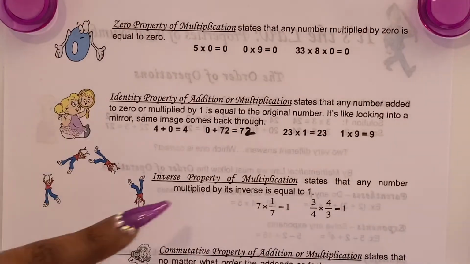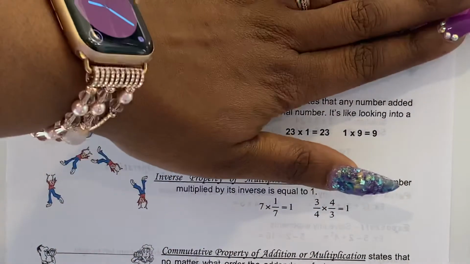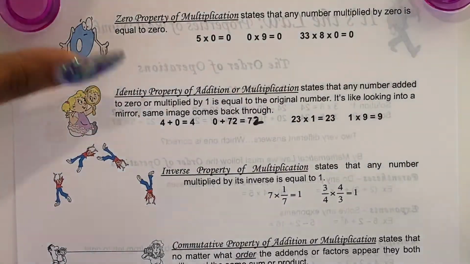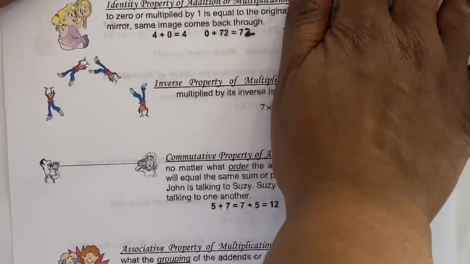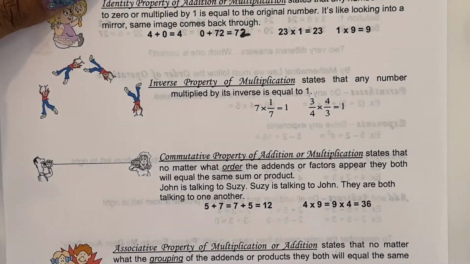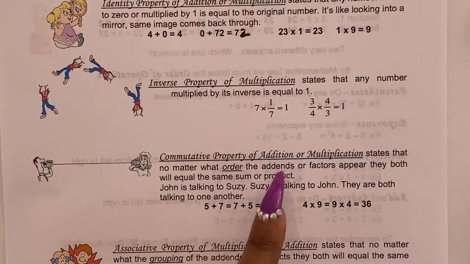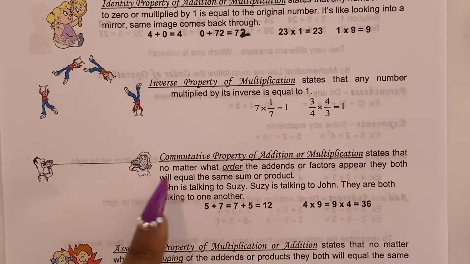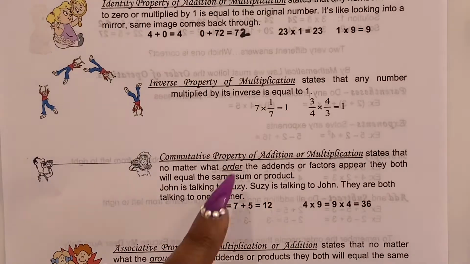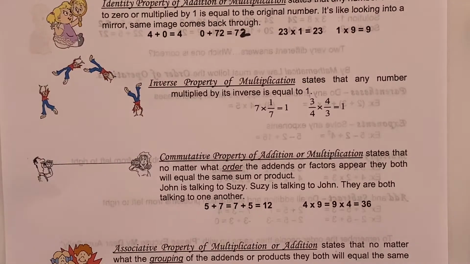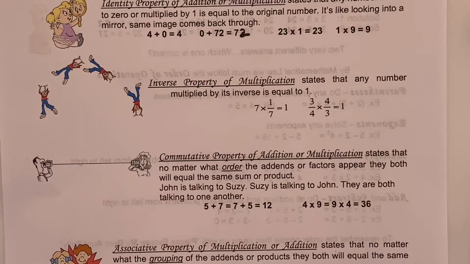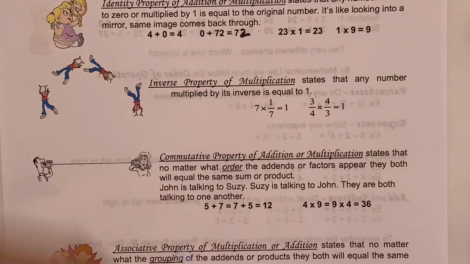So we're going to skip the inverse property of multiplication because we don't need that one. And we're going to go to commutative property of addition. The commutative property of addition states that no matter what order the factors appear, you're going to get the same sum. Remember, the word sum is one of our words that says to add. One of our vocabulary words, actually.